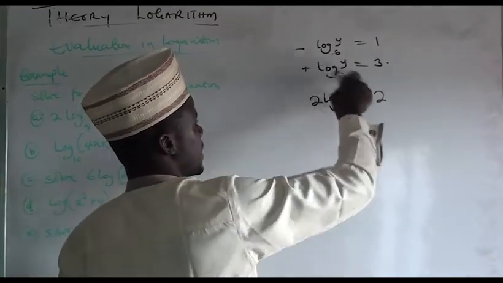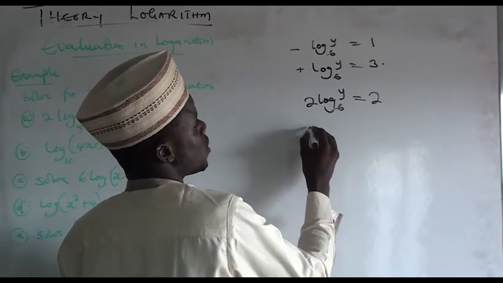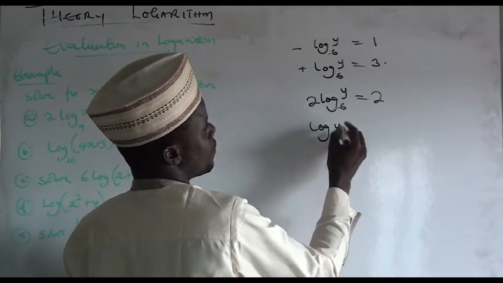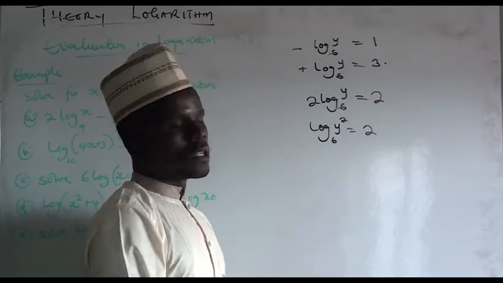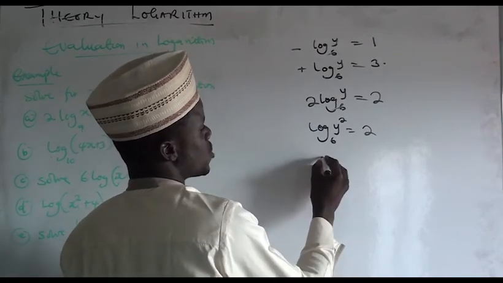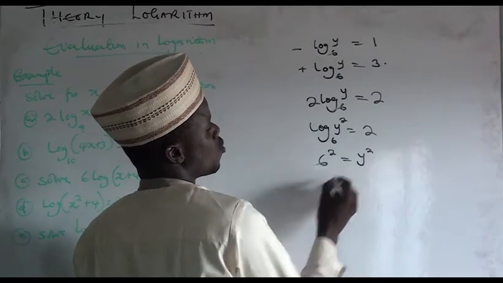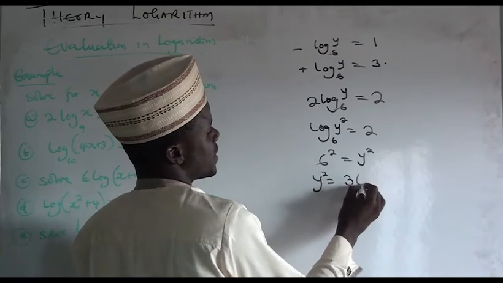So we can take the 2 as a power, log y to the power of 2 base 6 equals 2. Now we can change it to index form: 6 to the power of 2 is equal to y squared. Y squared is equal to 6 squared, which is 36.